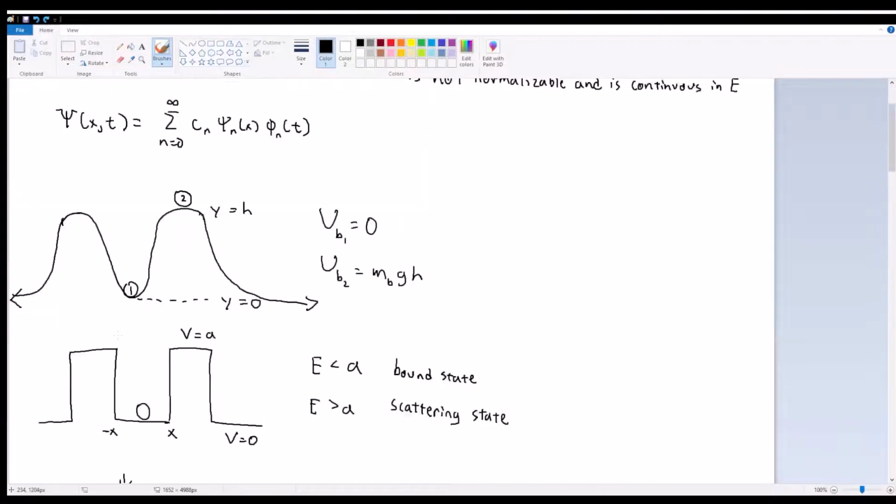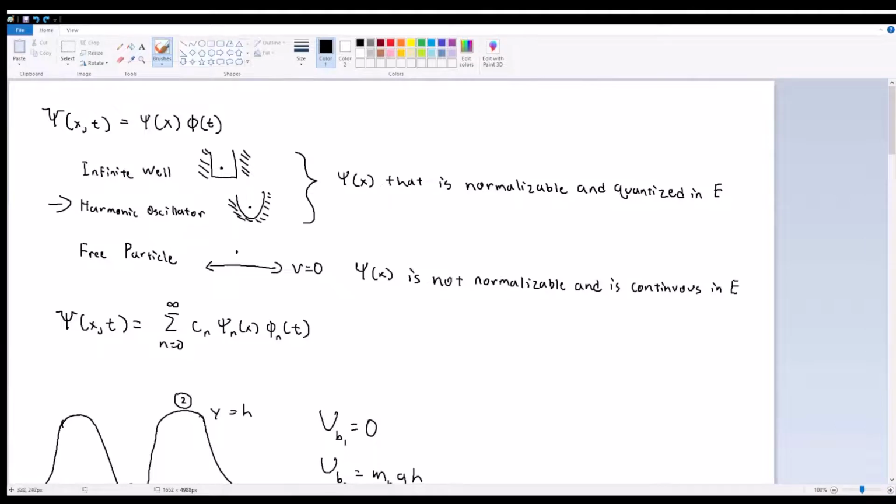The reason this problem happens is because in these cases we're dealing with idealized systems. The potentials here go to infinity, infinitely far away. These are not physically real. It's not possible to have an infinite barrier that goes to infinity, infinitely far away. It's not even possible to have an infinite potential, period. So these are not realistic.